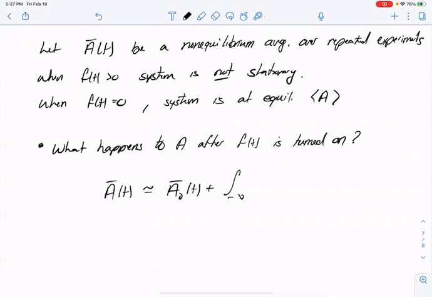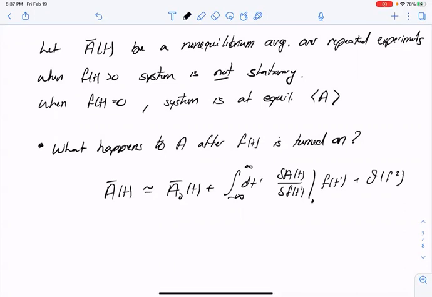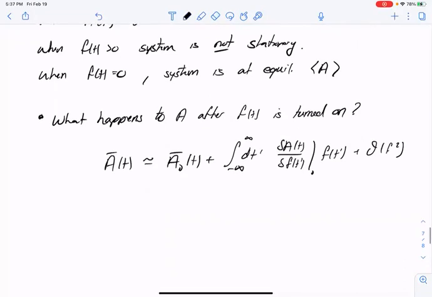And to 1st order, I would have a time integral of the functional derivative of A of t with respect to F of t prime, evaluated in the absence of the force, times F of t prime, and this would be up to F squared, which if F is small is reasonable.